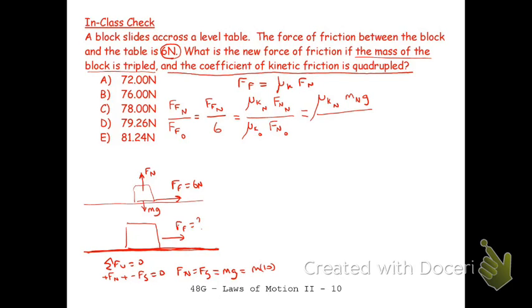And this is mu k old, not times Fn old, but m old g. And if I like, I can have new g and old g, like I'm going to different planets. Doesn't matter. Now I can put my numbers in.